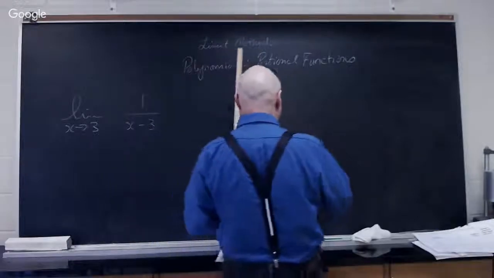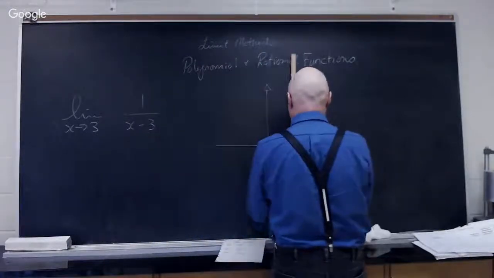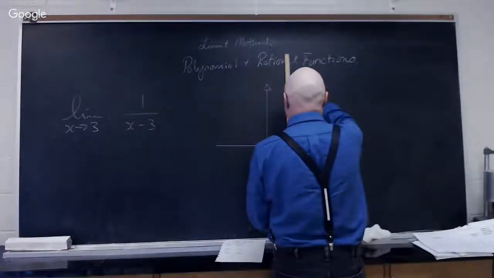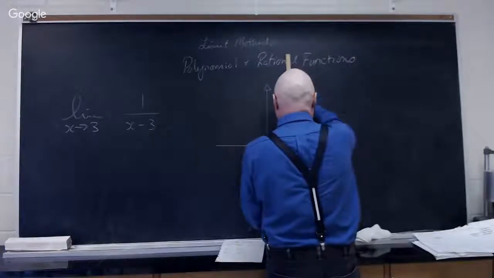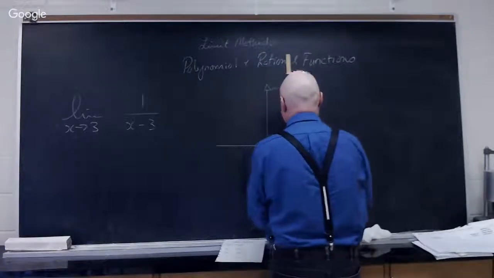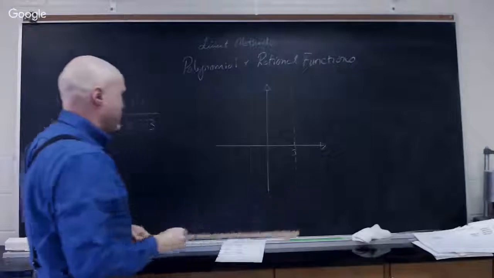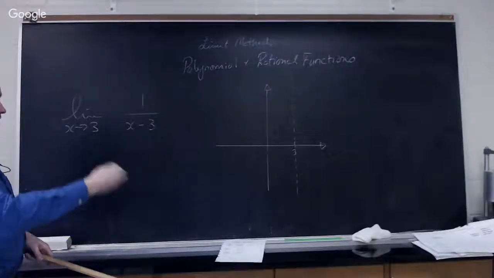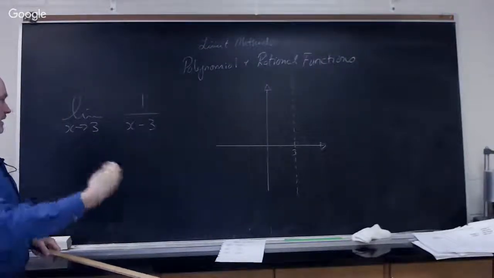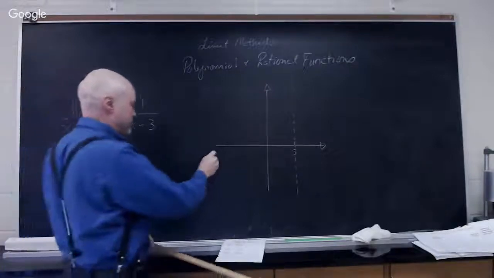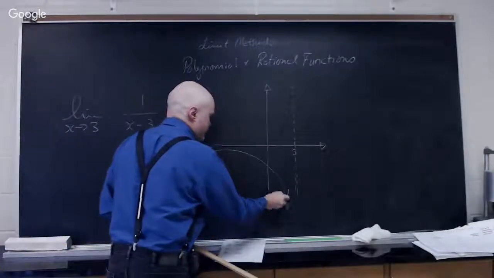I have a vertical asymptote when x is equal to 3, so there's my vertical asymptote. This thing tends to 0 as I go to negative infinity, and it's negative right up till here. So there's the first part of it.